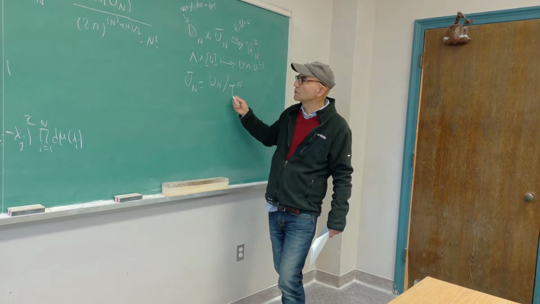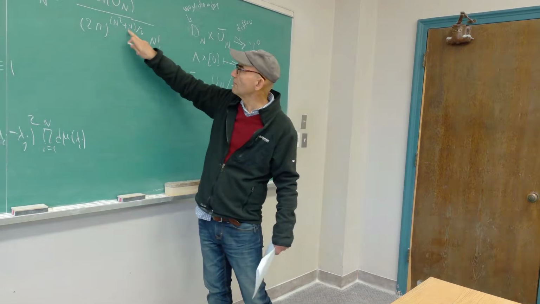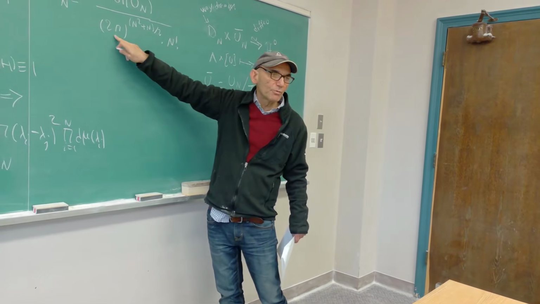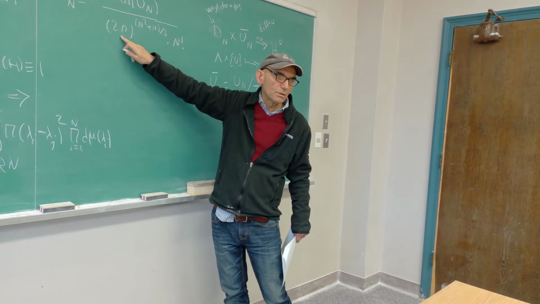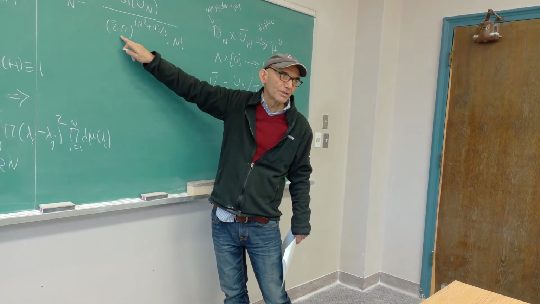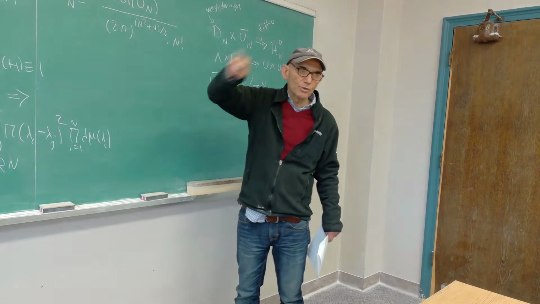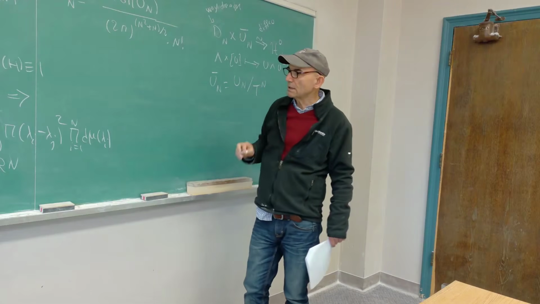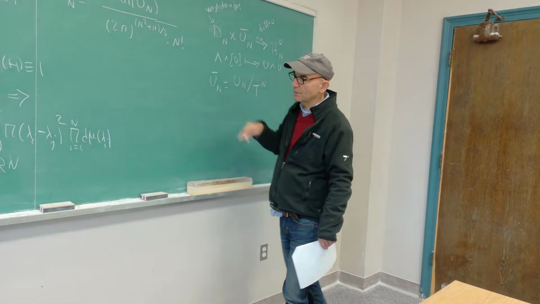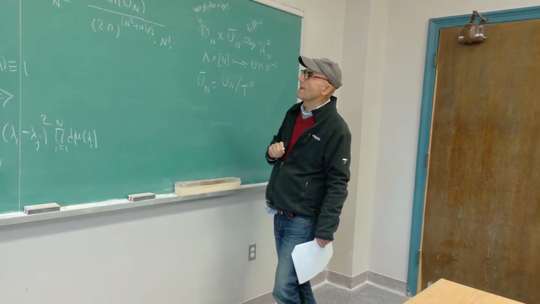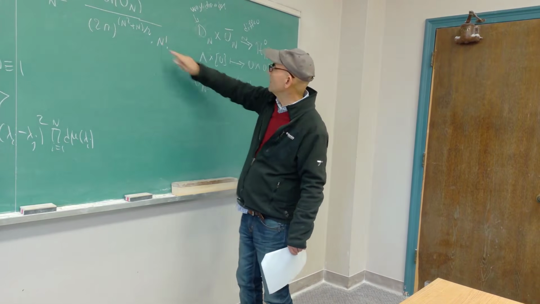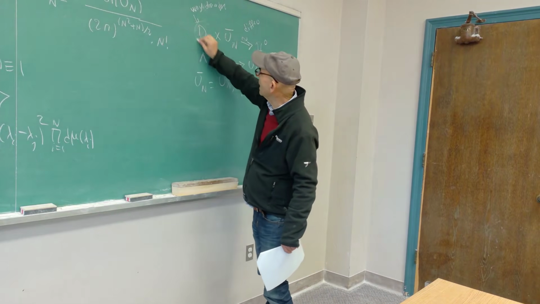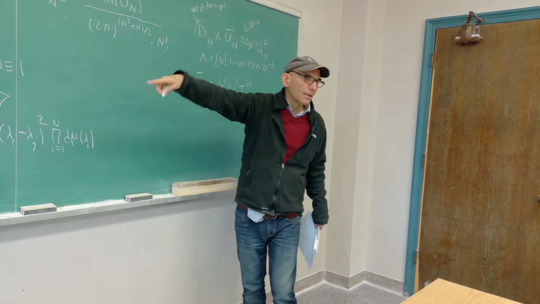This part of the factor is the volume of the maximal torus, 2 pi to the power n, because the torus is a product of circles, and the circles have radius 1. N factorial is because we replace the chamber by R^n.